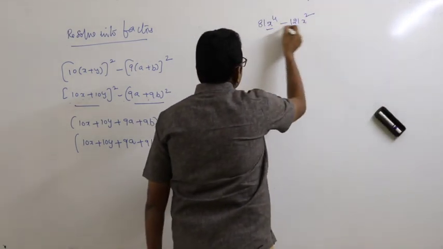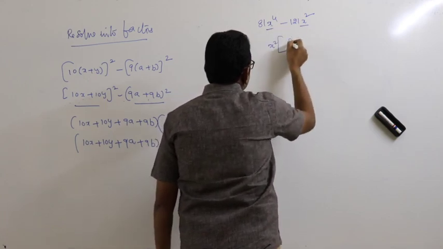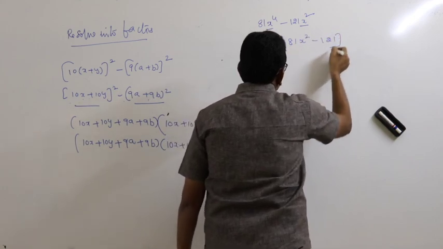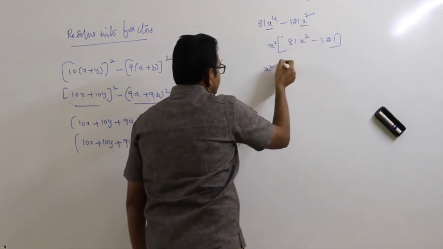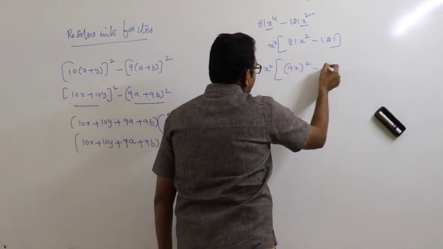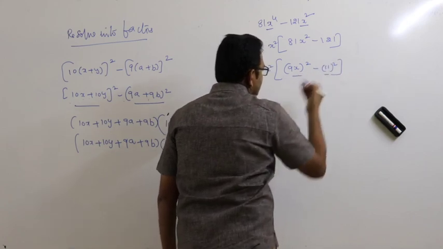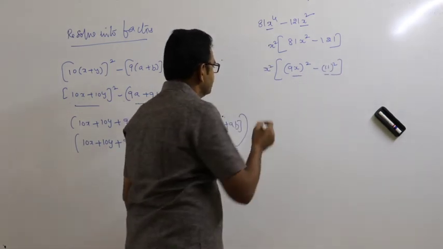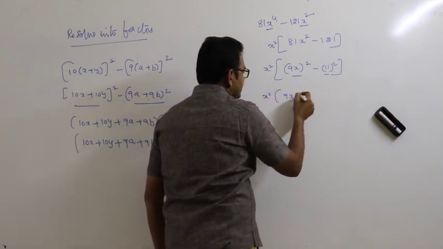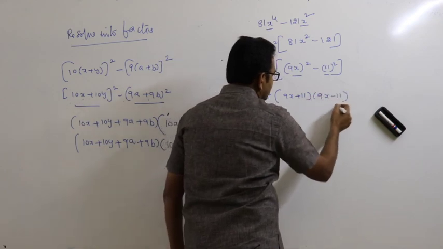In this you can take x square common. So this is 81 x square minus 121. x square into 9x whole square minus 11 square. Again this is a square minus b square form. x square into 9x plus 11 into 9x minus 11.